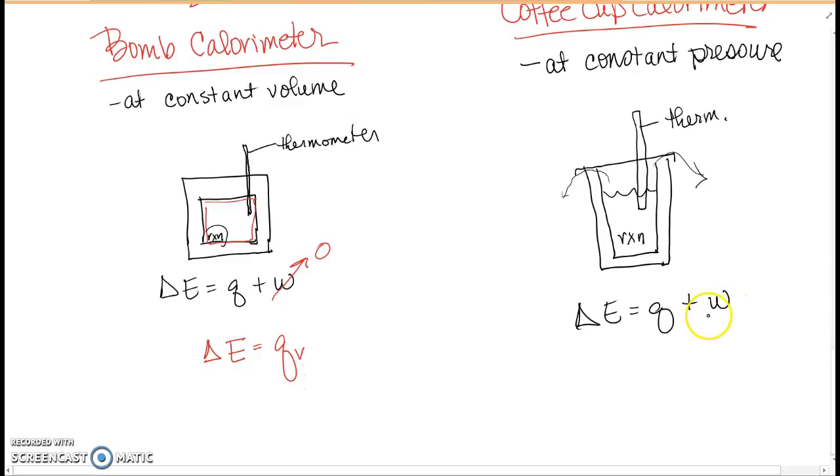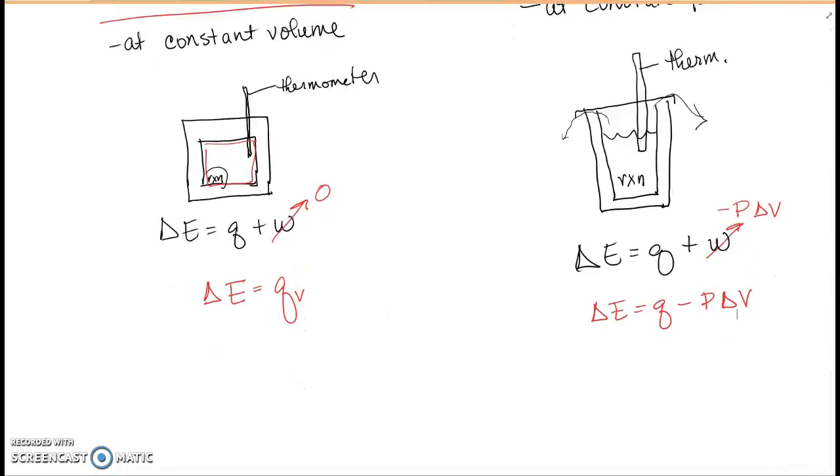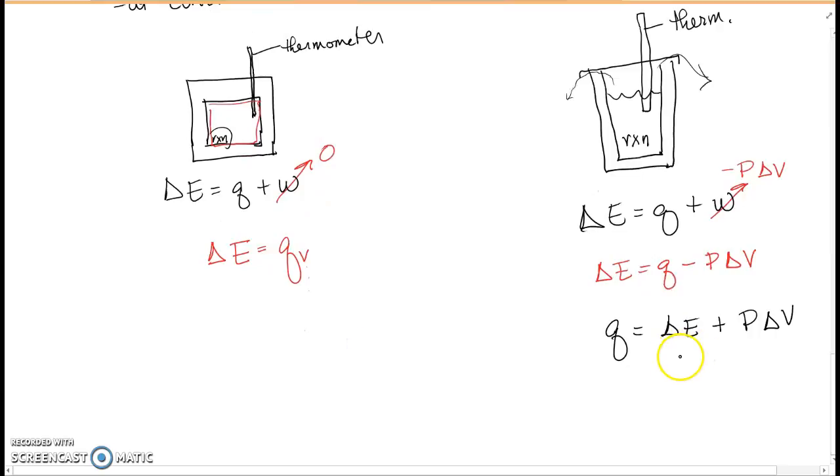So our work, we know that's equal to negative P delta V. So if I just plug that in, delta E is equal to Q minus P delta V. And if I rearrange that and solve for Q, Q is equal to delta E plus P delta V. Now remember, that's the energy minus work. It looks like it's energy plus work, but remember that the work is a negative value, so this is really what it is.